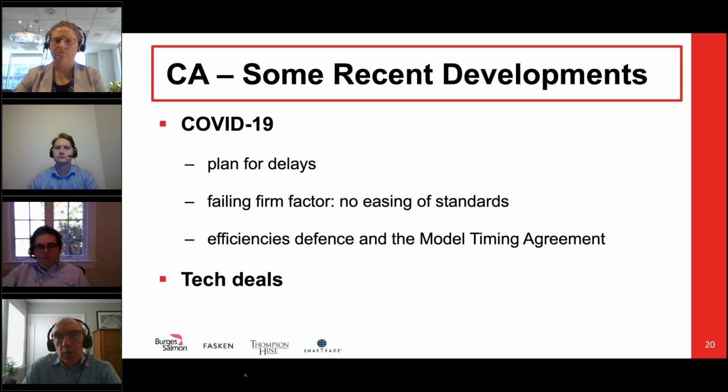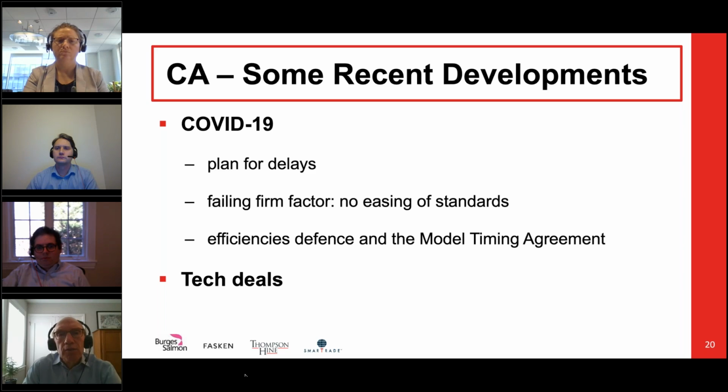Efficiencies are also expected to become the subject of more submissions in the defense of mergers. Here I want to point out that unlike the US, and I think unlike virtually every other jurisdiction, Canada has an actual defense to anti-competitive mergers where the mergers give rise to efficiencies that offset and outweigh the anti-competitive effects of the transaction.